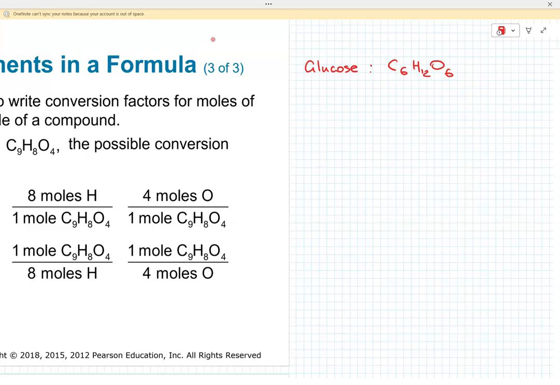So 1 mole of glucose contains how many moles of carbons? 6. Excellent. Here's my other question. If I will have 5 moles of, if you don't mind, I'm going to call glucose capital G, how many moles of carbon? 30. Okay.